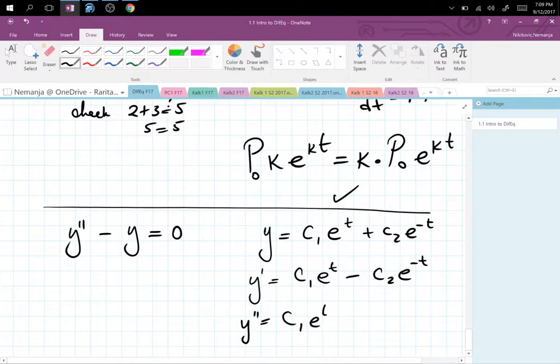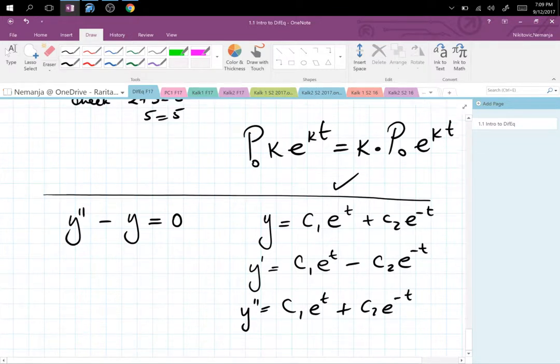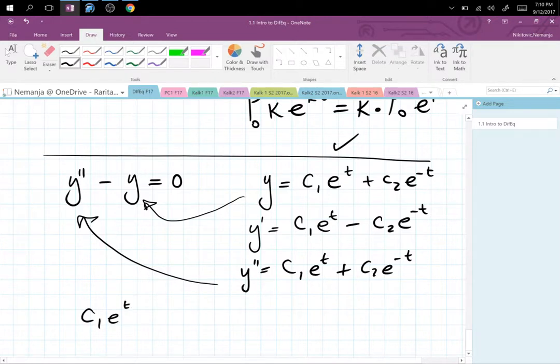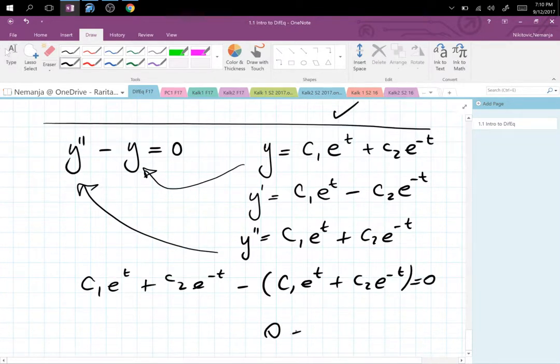So c1 e^t + c2 e^(-t). It turned out that these two are the same. And now when you subtract them, you do get 0, right? So that plugs in, and you get c1 e^t + c2 e^(-t) - (c1 e^t + c2 e^(-t)) = 0. 0 equals 0. Check.